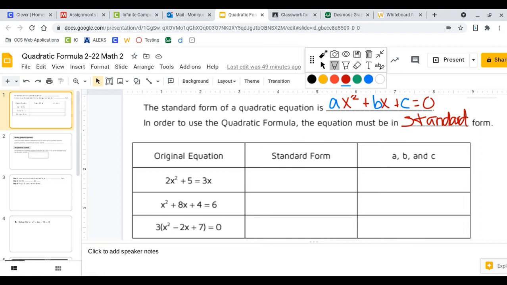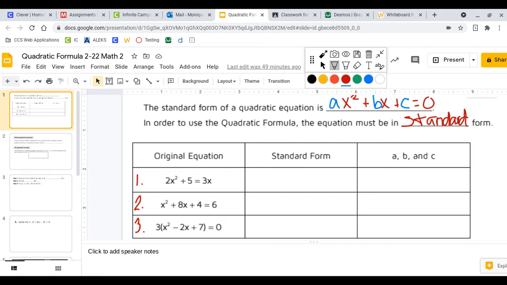So we have 3 examples here. For the first example, remember, I want to get this to look like the standard form.